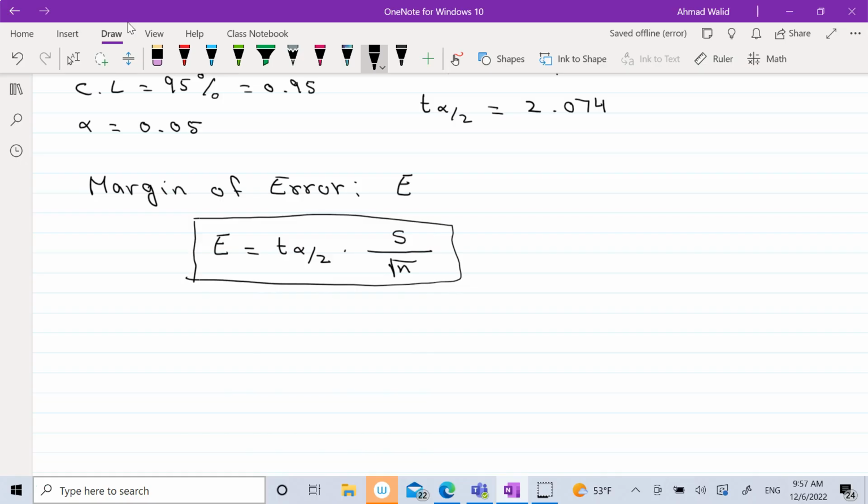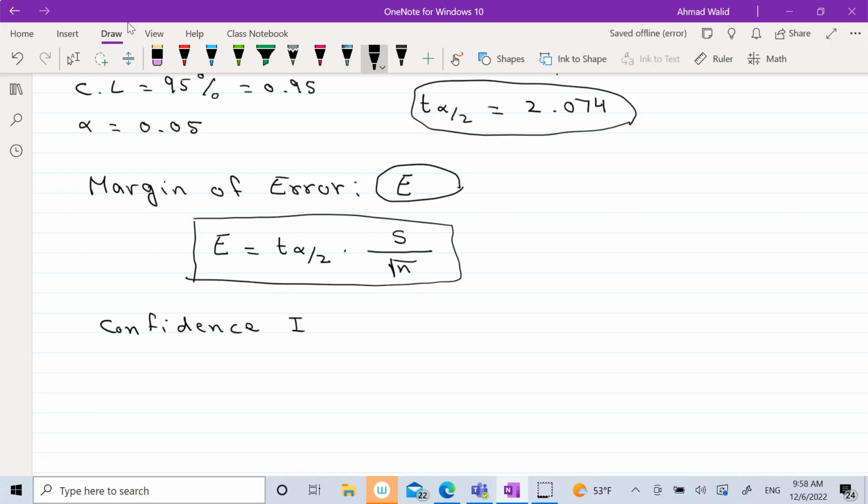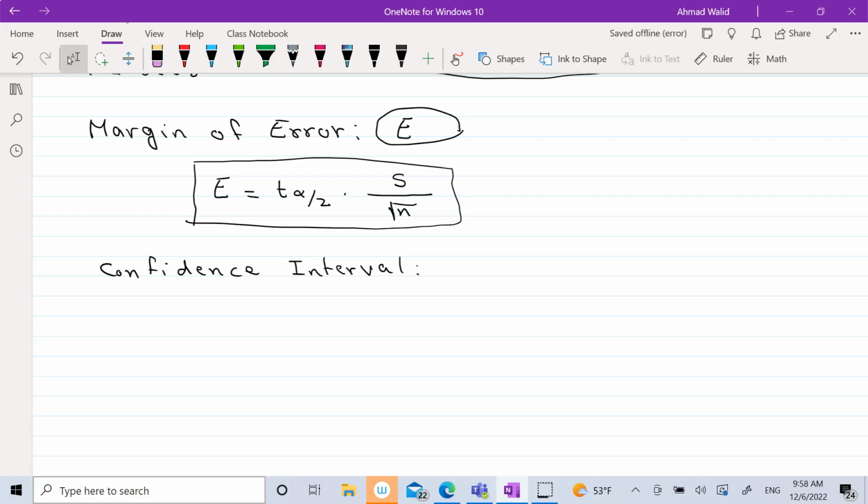How to build a confidence interval? Because now you know you can find your critical value, you can find the margin of error, and if you can do this, then you can build a confidence interval, correct? Let's talk about confidence interval. What we are after is finding, or estimating, the population mean, correct?